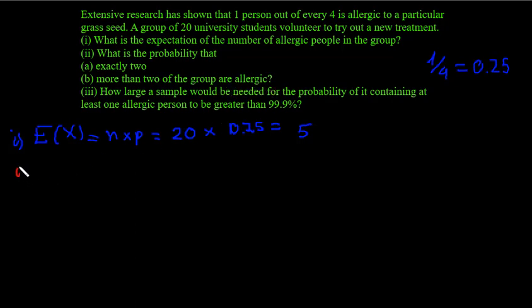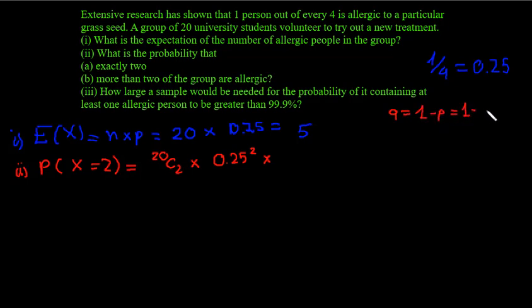So the probability P(X = 2) is equal to, we have 20 students, 20 choose 2, multiplied by, because the probability of being allergic is 0.25, and if 2 students are allergic, 0.25 to the power of 2, multiplied by q, which is equal to 1 minus p, equal to 1 minus 0.25, equal to 0.75.